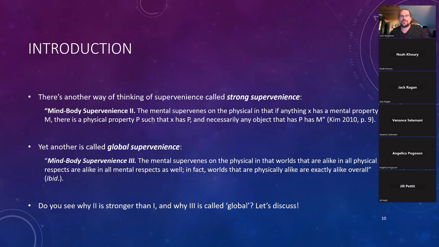So say your dog has the mental property, which is a desire to bite the mailman. Then your dog is also going to have a physical property, like a mental event that causes the dog to bite the mailman. And any other dog that has the same physical property in the brain, the same brain state, will have the same desire, namely to bite your mail delivery person.